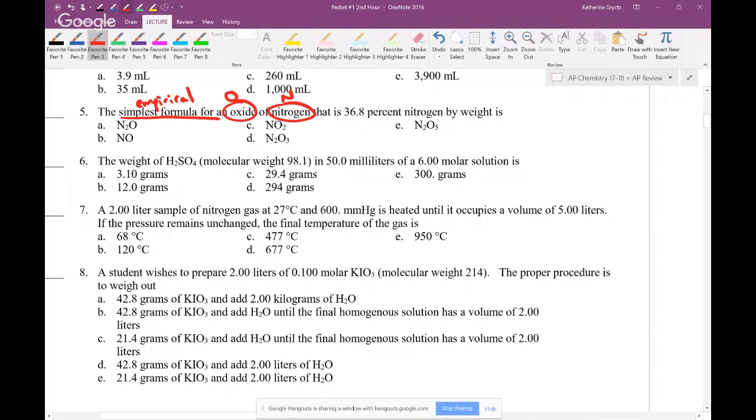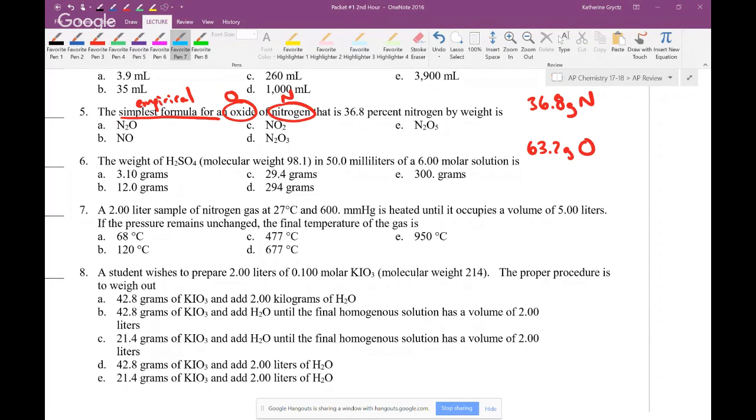And we have 36.8% nitrogen, which you can call grams. You can say I have 100 grams, and then you would have 63.2 grams of oxygen. But you probably don't want to do that with multiple choice, like 36.8 and 63.2. You probably want to call that like 37 and 63.